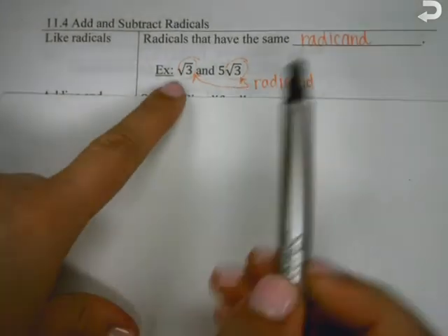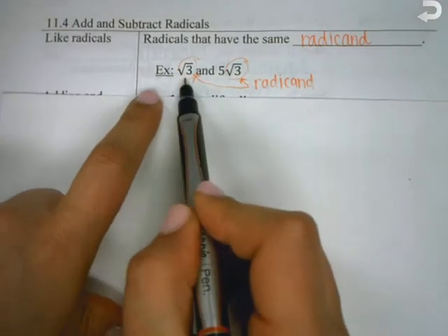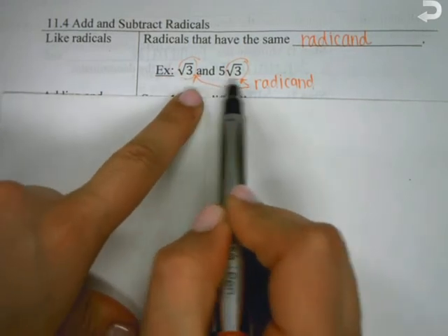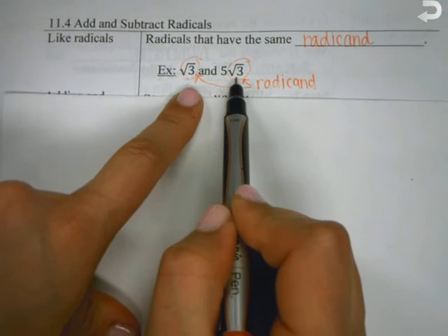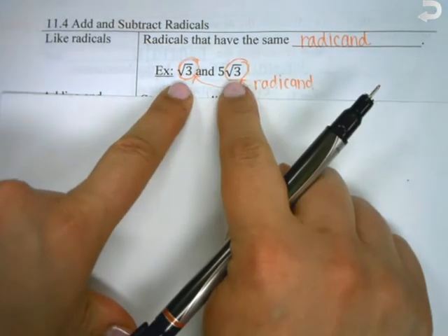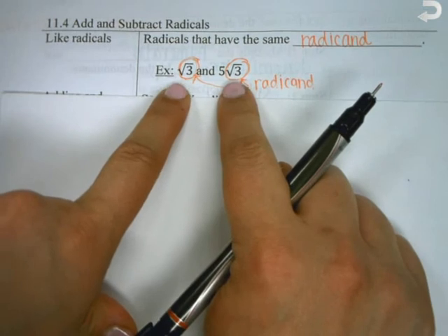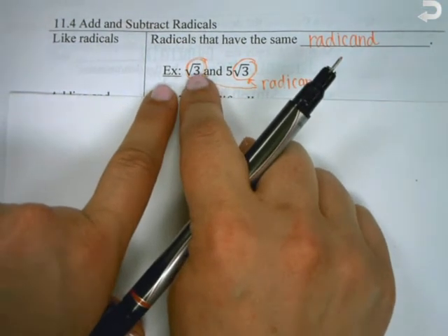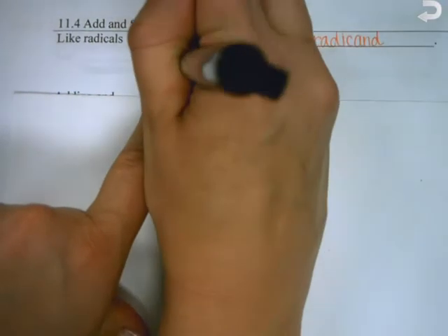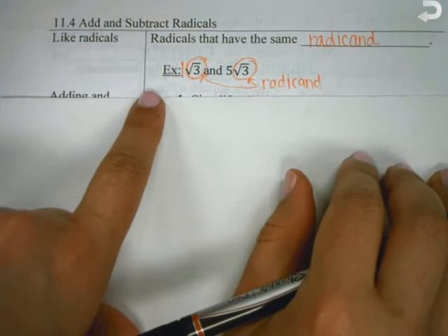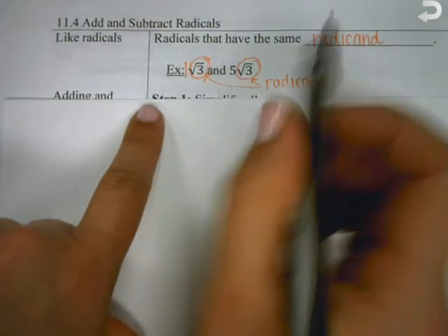So even though square root of 3 doesn't have a number out front, and 5 square root 3 has a 5 in front, because they have the same radicand, they are like radicals. So what would the number in front of square root 3 be? An invisible 1. So if I were to add these together, what would I get? 6 root 3. We just add the numbers in front.